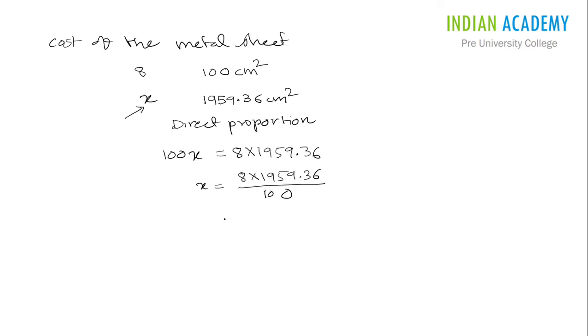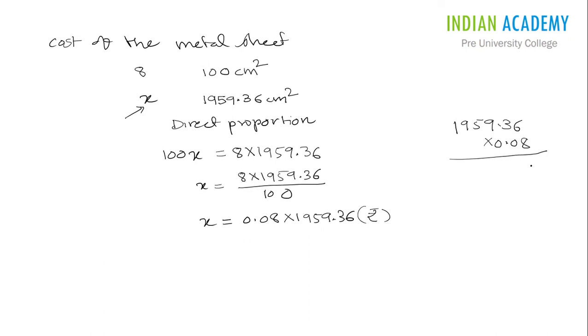So how much do we get? 0.08 into 1959.36. That's how you can find the cost. It will be in terms of rupees. Let's find out. 1959.36 into 0.08.